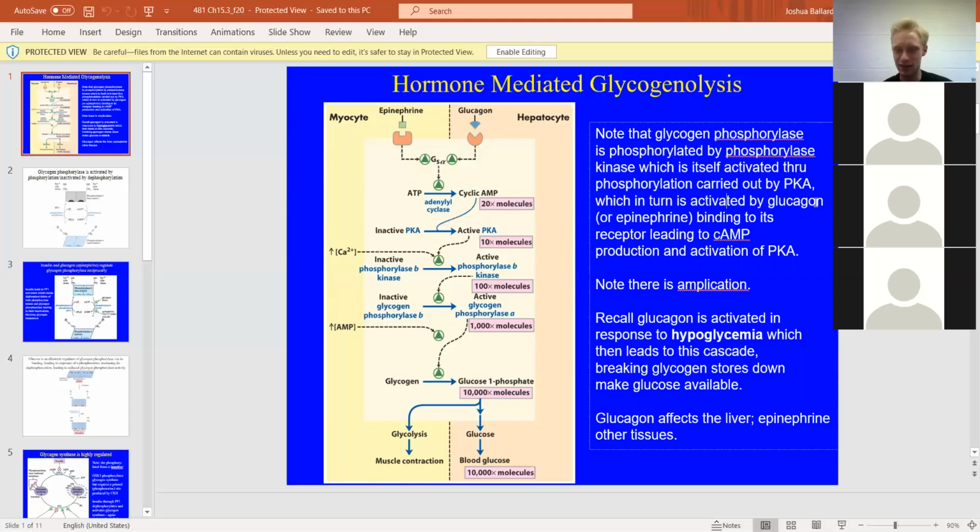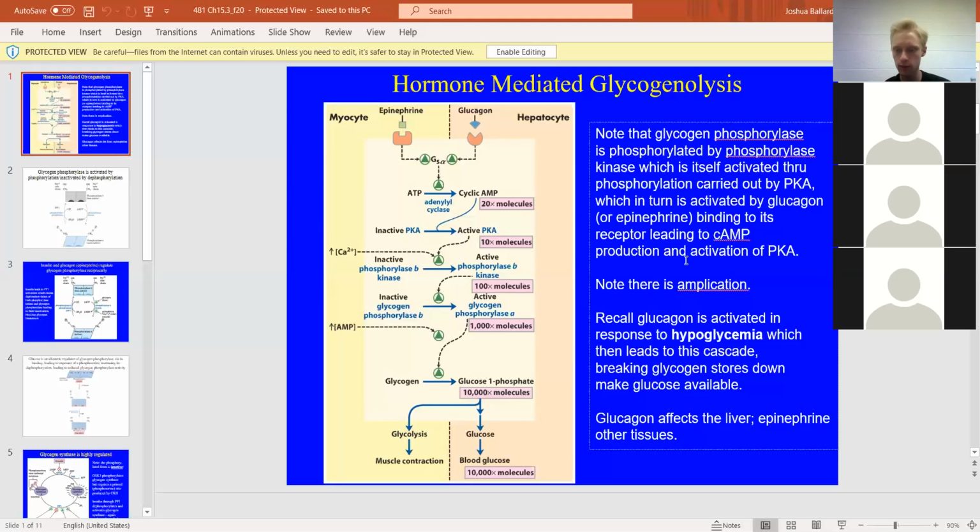I would recommend drawing this out to identify what activates what. So PKA activates phosphorylase kinase by phosphorylating it. Now kinase is our keyword here: it adds a phosphate group onto glycogen phosphorylase, and that activates glycogen phosphorylase. In this whole situation, adding a phosphate group onto something will activate it. That's pretty much the key.